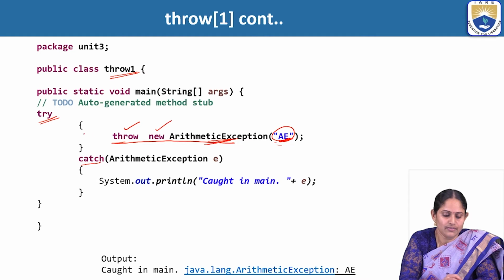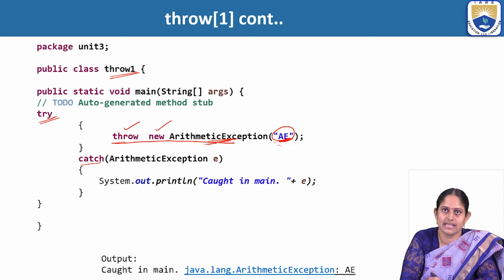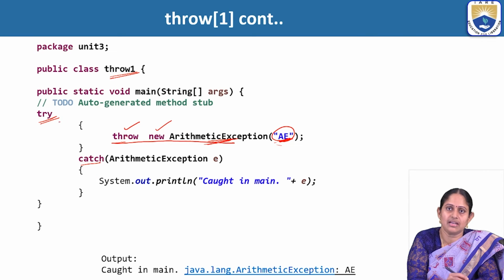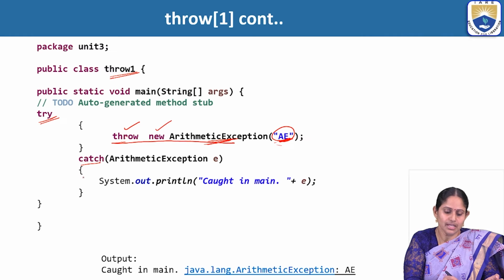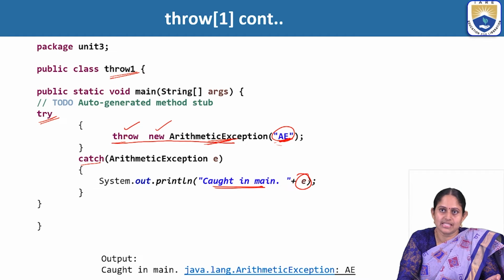Here we are using the keyword throw to throw an arithmetic exception. We are manually throwing the arithmetic exception. Once that arithmetic exception is thrown, since this statement is inside the try block, that exception will be caught by the catch block, and you will get the statement caught in main, displaying the exception object description.